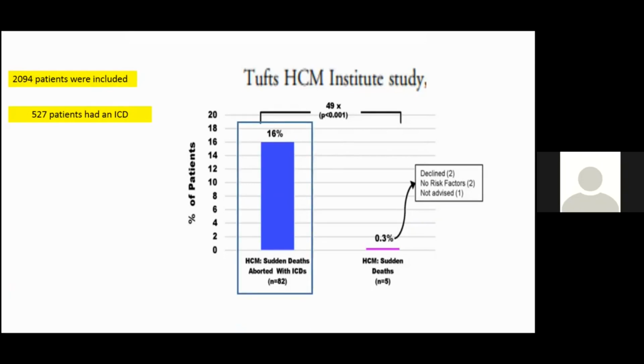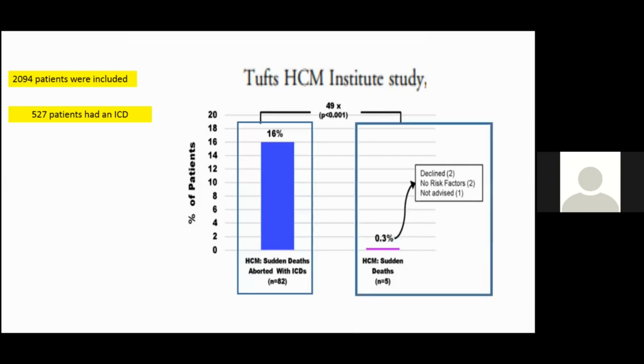Among the patients who were implanted with an ICD, 82 have had life-saving ICD shocks, which corresponds to 16% of all implanted patients. 5 persons of all the patients who were not implanted with an ICD have sustained sudden cardiac death, 2 of which have declined an ICD implantation, even though it was proposed for them.